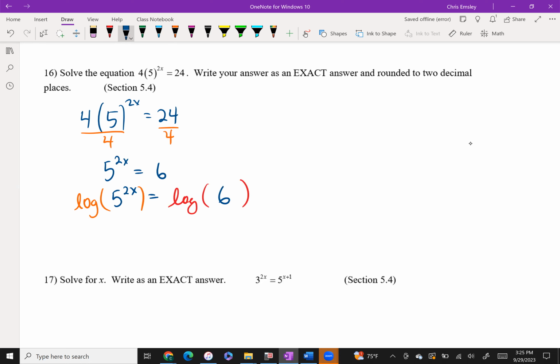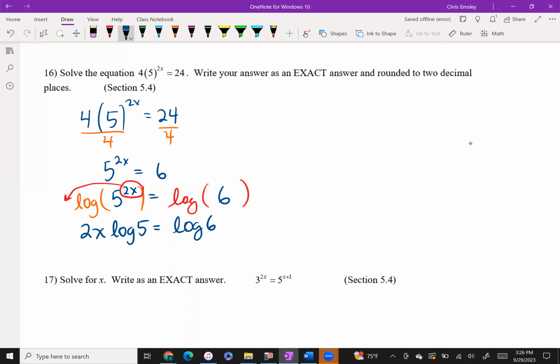We do that because then we can use one of our properties of logarithms that lets us take this exponent and move it out front. So then on the left-hand side, we have 2x times the log of 5 equals the log of 6. Again, keep in mind, we're trying to solve for x.